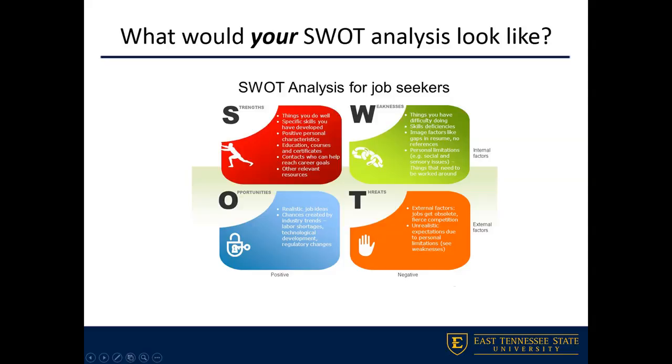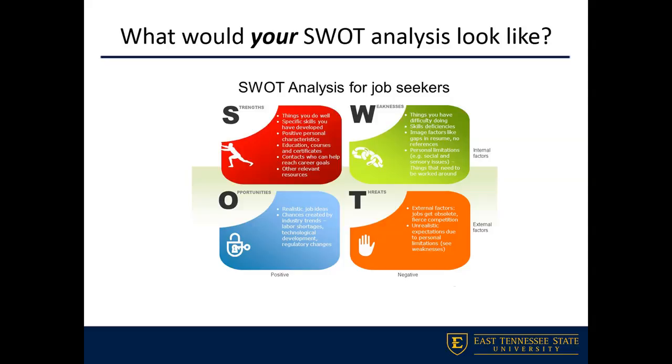Talking about opportunities and threats for a job seeker in this particular example, some opportunities externally that we may want to consider are realistic job ideas. What does the job market look like? Is there going to be a good chance for you to get your dream job in the area that you want to live? And any trends that are created out in the environment.